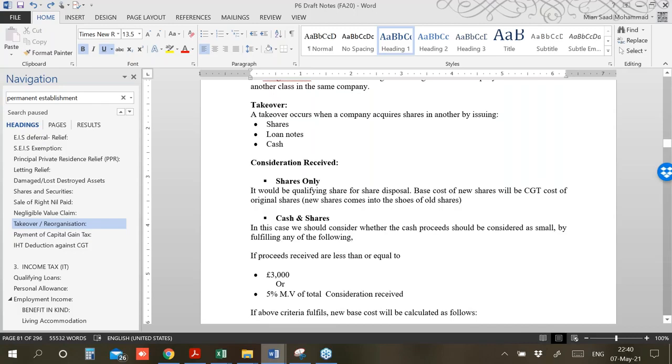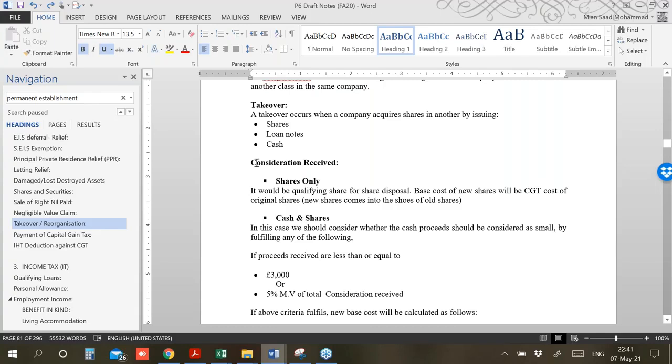However, only the cash part of the gain will be taxable. And that can be exempt as well if you fulfill the small disposal criteria, that is, the cash proceeds that are received are either less than 3,000 or 5% of the market value of the total consideration.